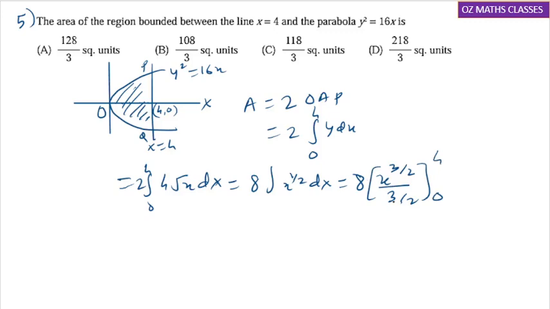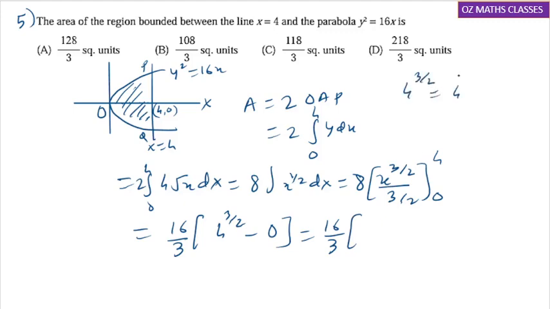Take this number in the numerator, so 16 by 3, and first replace x by 4: 4 raised to 3 by 2 minus 0 raised to 3 by 2. 4 raised to 3 by 2 means 4 power 1 by 2, take the power separately, then power 3. 4 power 1 by 2 means square root, so the square root of 4 will be 2, and 2 power 3 will be 8.